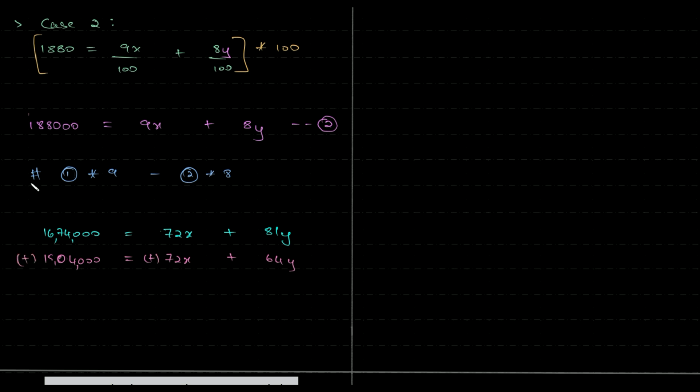This is pure multiplication, guys. I can't help it. So 17 something is equal to, the difference here is, 81 minus 64 is 17. That's how you do it.